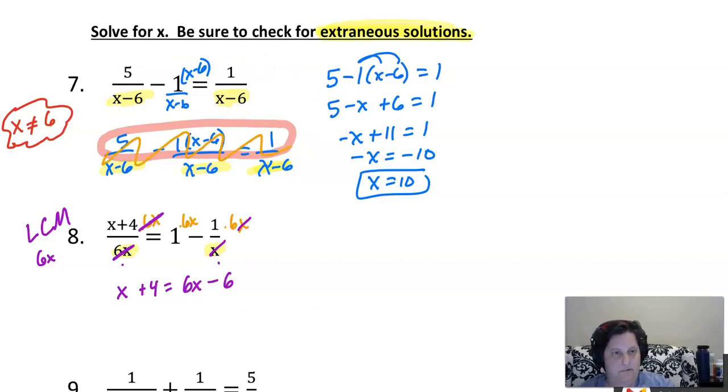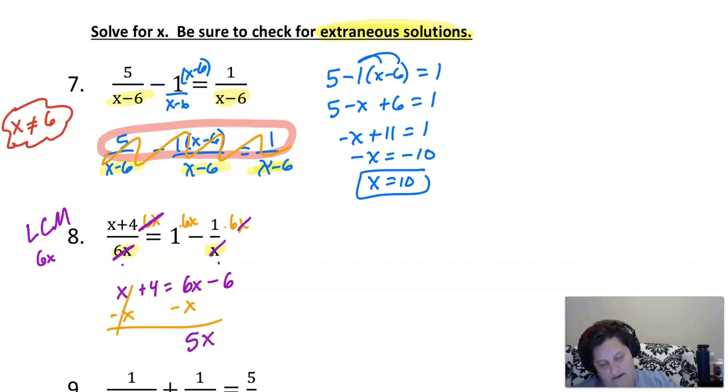Okay? All right, so check it out. If I solve this, I end up getting 5x plus 6 equals 10, and when I divide that over, x equals 2.